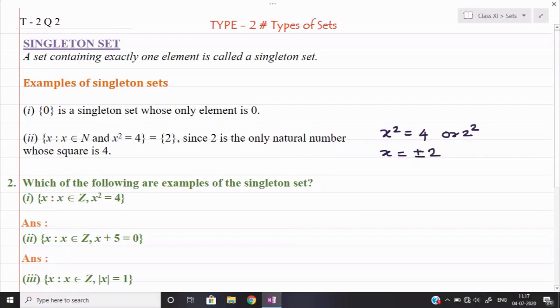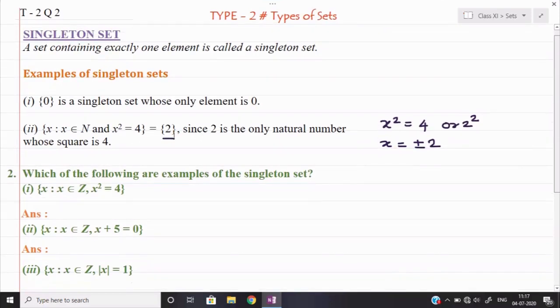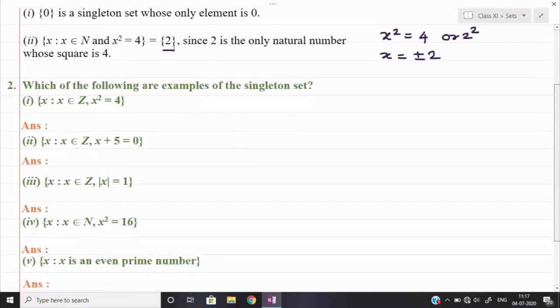But since here it is given that x belongs to the set of natural numbers, out of plus and minus 2 they have selected only plus 2. But at least one element came over here. Since only one element is coming here, we can say that it is a singleton set. So I hope it is clear what the meaning of a singleton set is. A singleton set means it contains only one element.